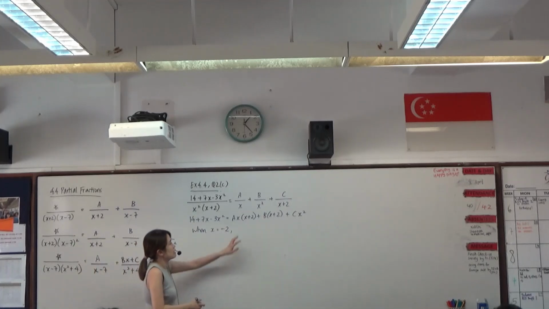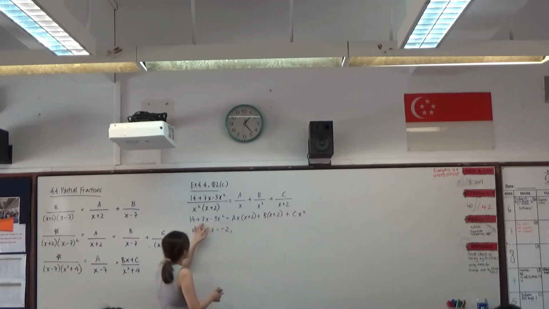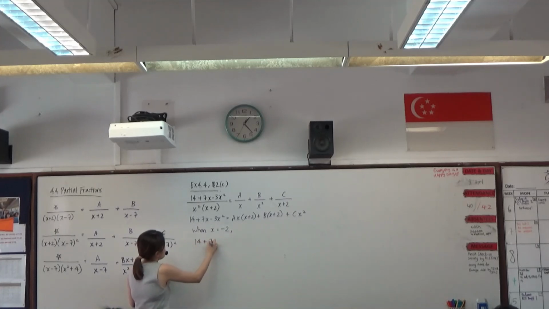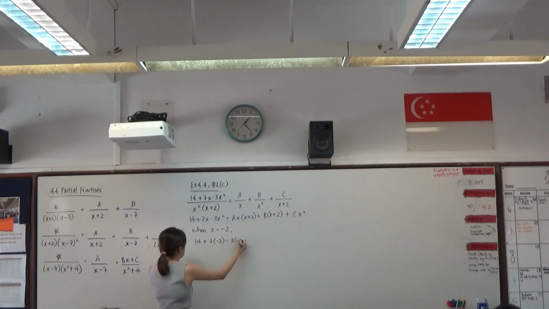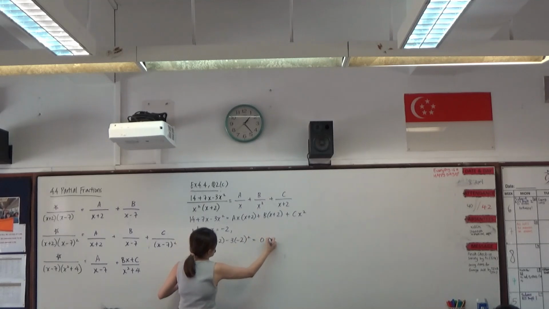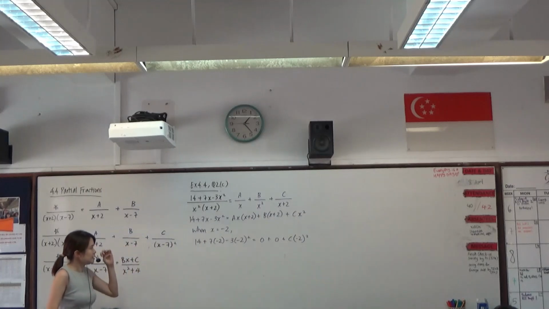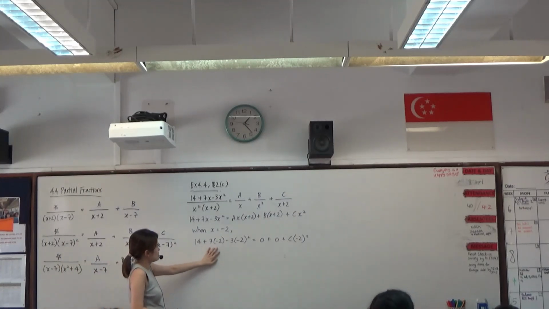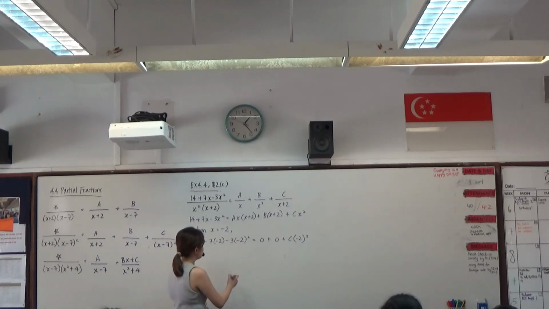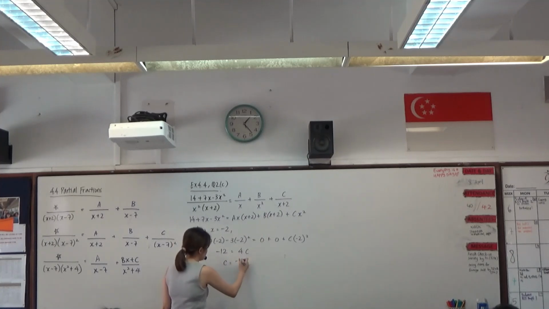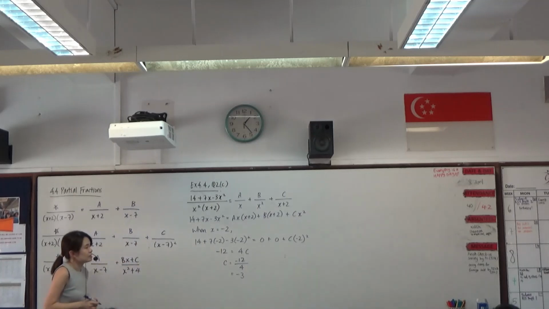C, right? So down here becomes 0. We get 14 plus 7 times negative 2 minus 3 times negative 2 squared. So 14 minus 14 is 0. Negative 3 times 4 will be negative 12. So C is negative 12.